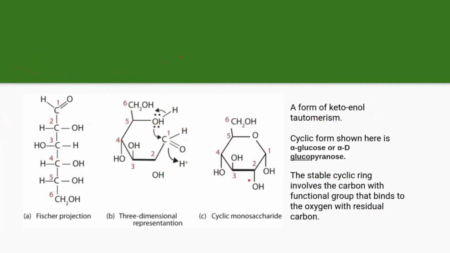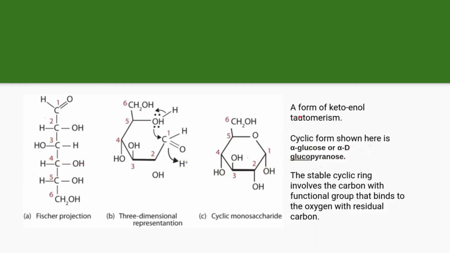So the cyclical form here is alpha glucose or alpha glucopyranose. Alpha-D-glucopyranose, because this is the dextrorotatory version, and alpha because of the geometrical isomerism shown on carbon 1. So since this is below the plane, it's alpha.